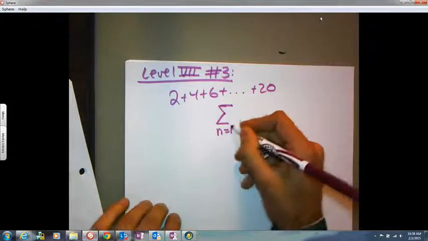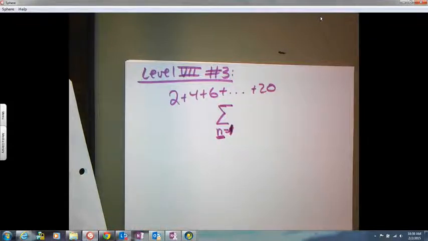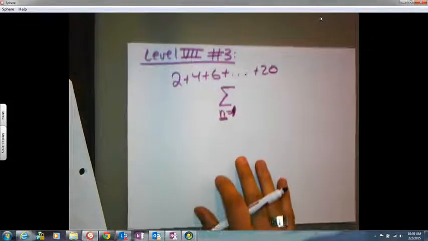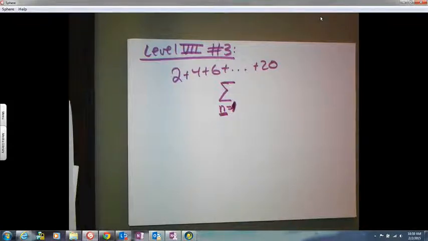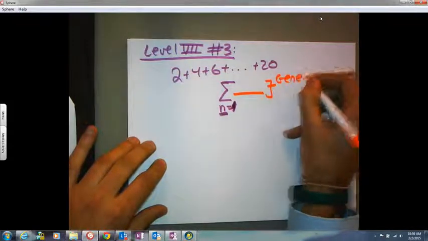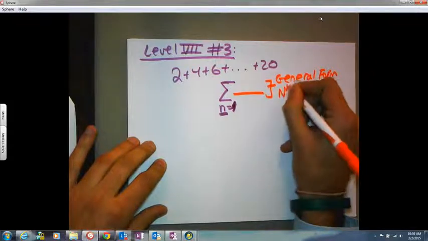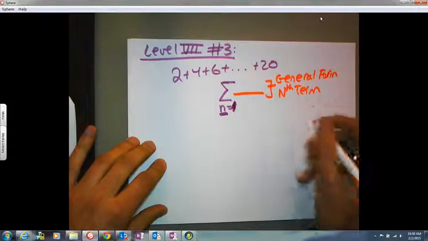We don't know this is one, sorry. We just know that this is the index. Remember, the index could be any letter. And then we need to find what goes here. Remember, this is called the general form, also known as the nth term expression.